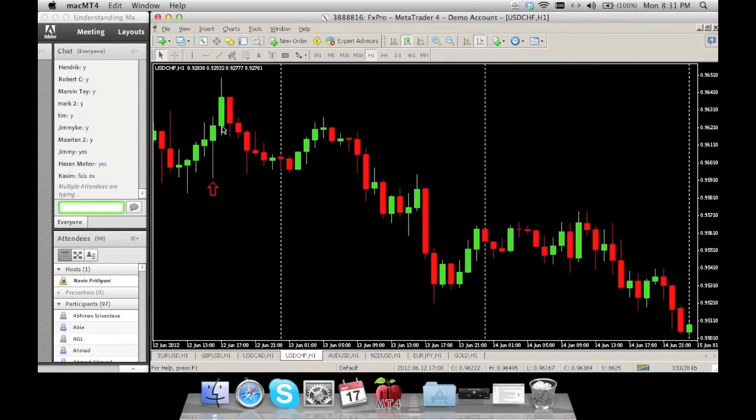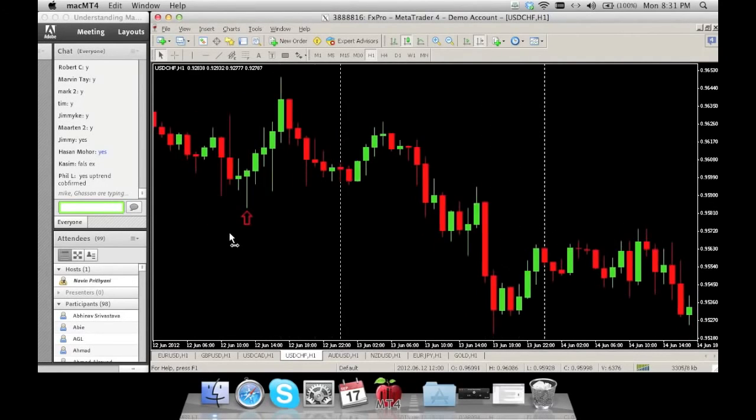Next candle opens, goes long. Okay, what kind of pattern is this one? Good, very good. Exhaustion, hammer, pin bar, yes, good.